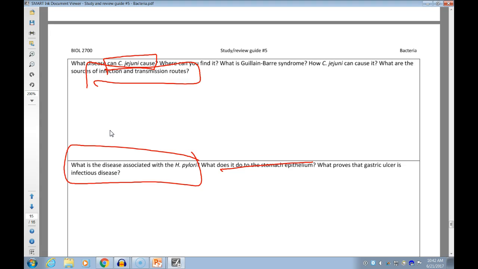How does it prove that gastric ulcer is an infectious disease? That it is caused by bacteria? Of course, Warren drank it, but what else? How do we treat it? Antibiotics. Antibiotics help, which means replication of microbes is involved. That makes sense?